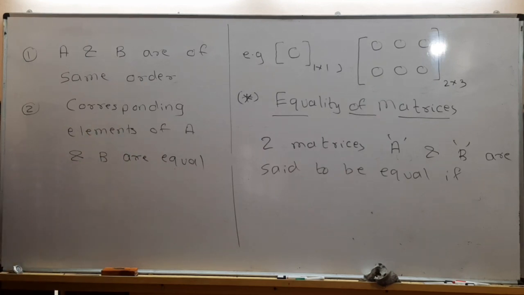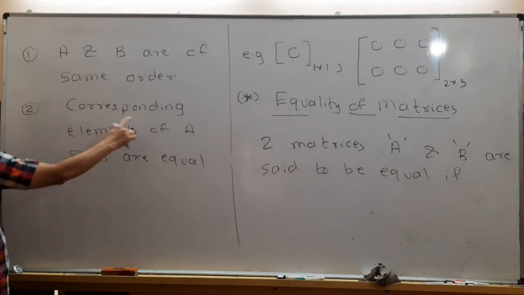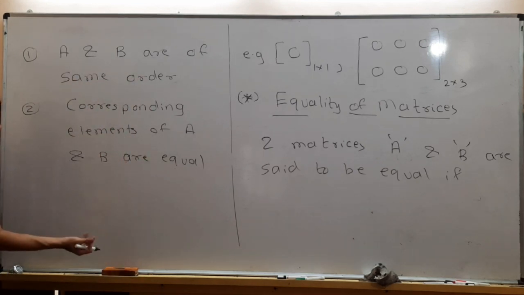Two matrices A and B are said to be equal if A and B are of the same order and corresponding elements of A and B are equal.